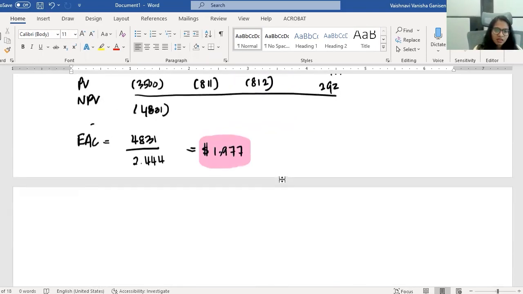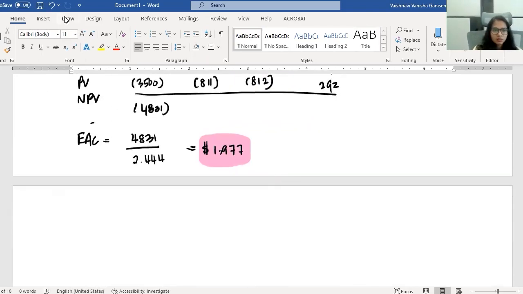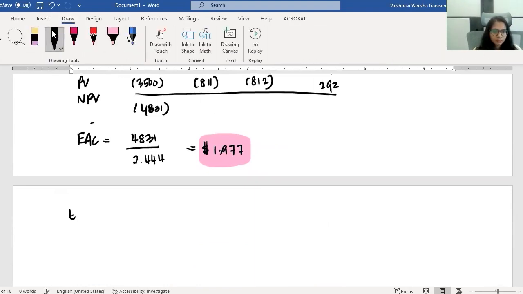Okay, so you compare. So EAC, okay, so the cost that is higher clearly is this.